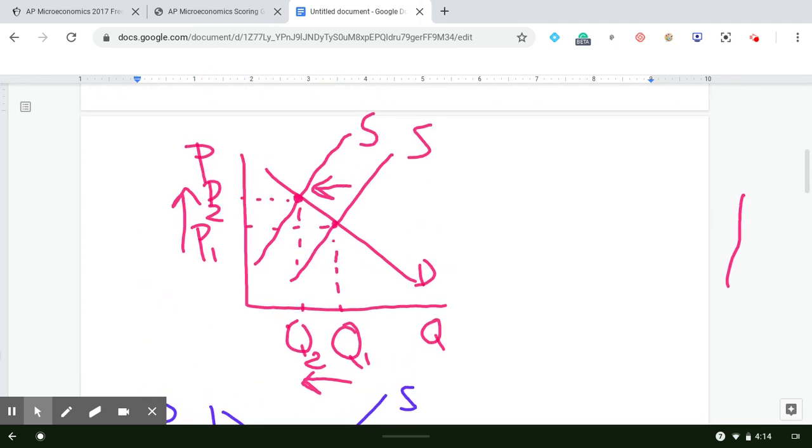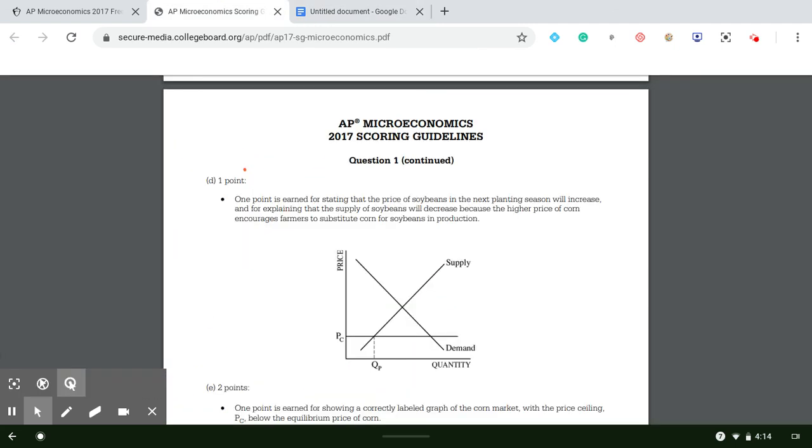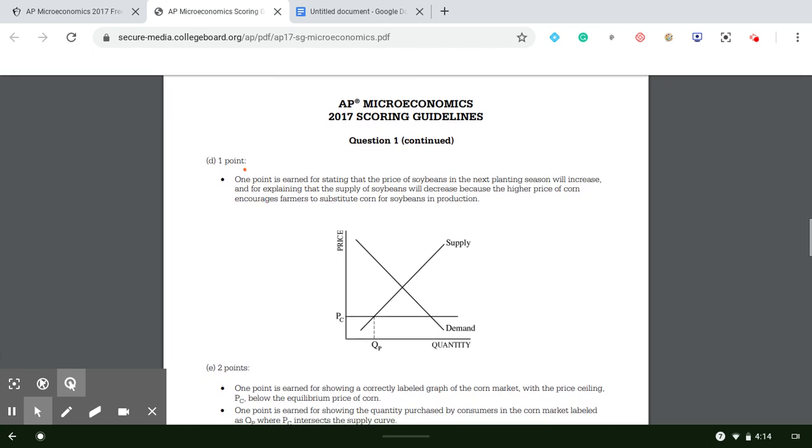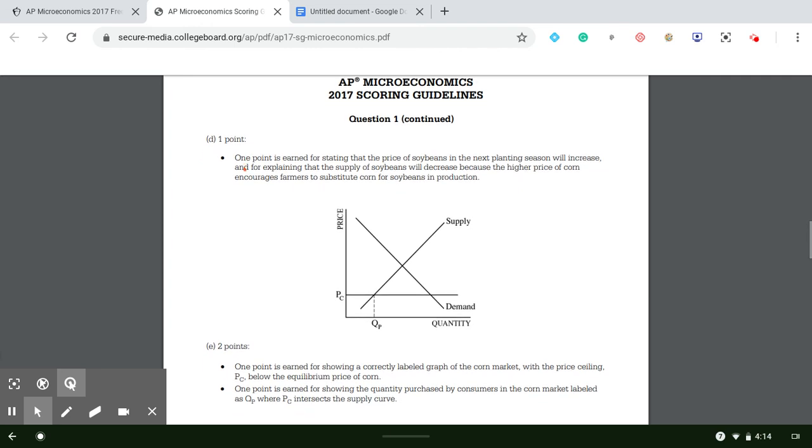And we also explained that the supply of soybeans will decrease because the higher price in corn encourages farmers to substitute corn for soybeans in production. I probably didn't emphasize that word enough. They are substitutes in production. You can either choose to plant corn in this patch of land or soybeans in that patch of land. So they're substitutes.